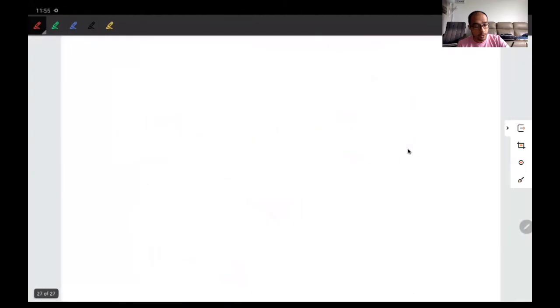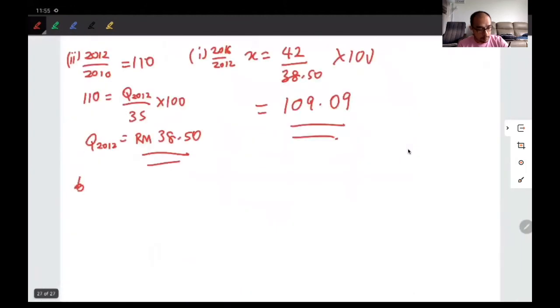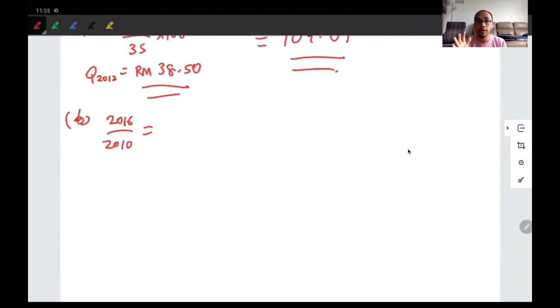Okay, so if I want 2016 over 2010, I hope that you have answered enough index numbers questions by now to know that this is the chain rule. Okay, you want to have 2016 over 2012 times 2012 over 2010. Okay, then either you divide everything or you multiply everything by 100.